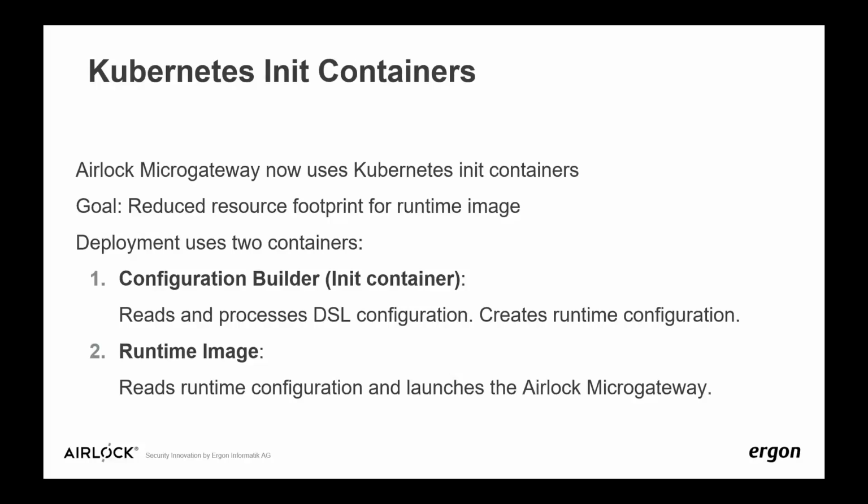And then the running container does the whole work which you are expecting from the Airlock Microgateway. The good thing about this is that it needs much fewer resources than the old configuration where we just had one container with everything inside it, and therefore this should be very good for you in the long term while you're running all those processes. You don't need as many resources as you would with the Airlock Microgateway 1.0.